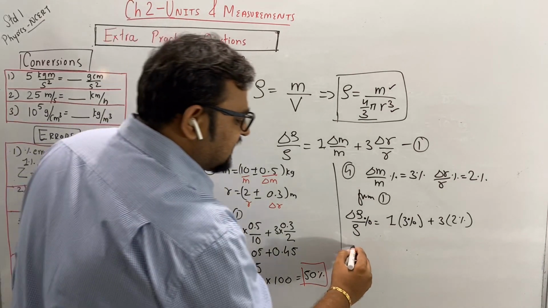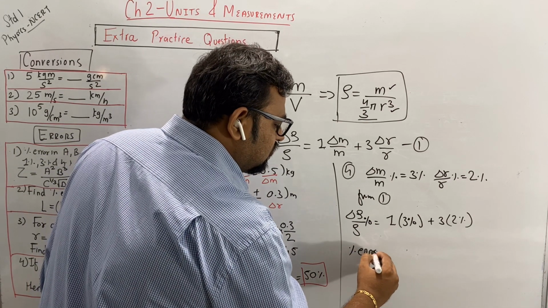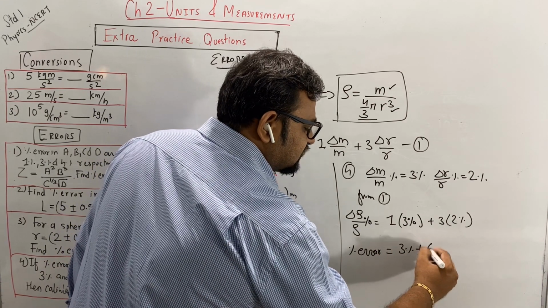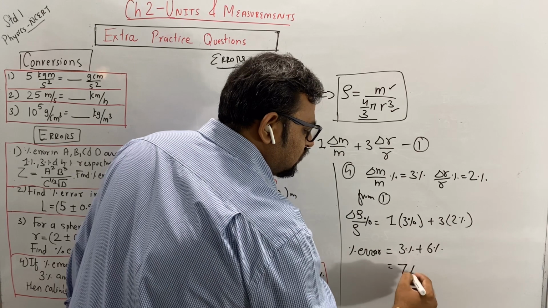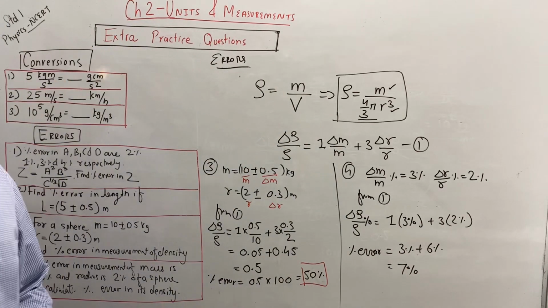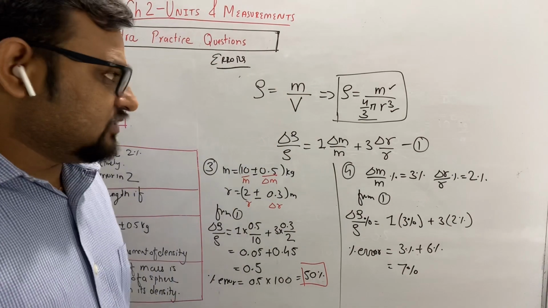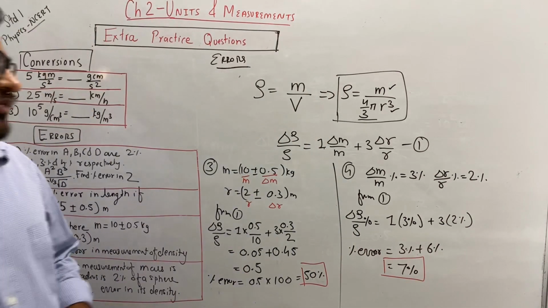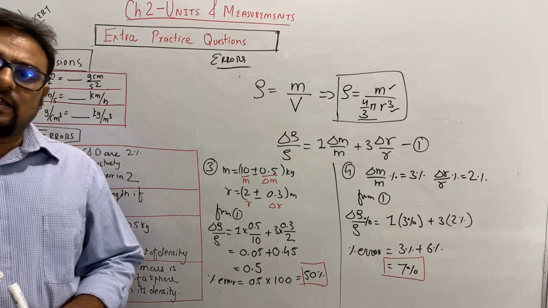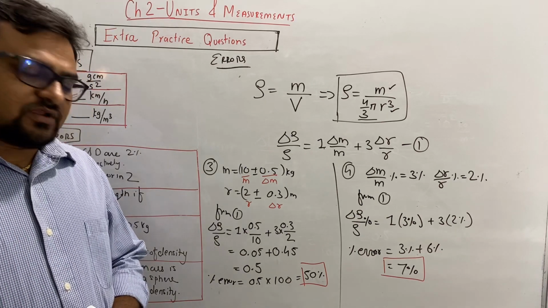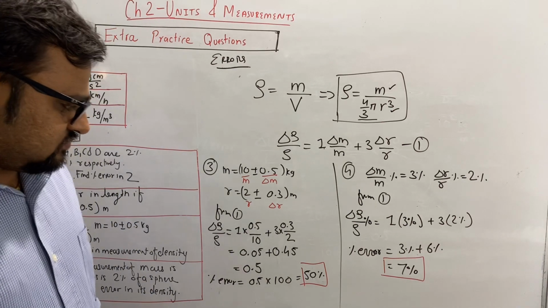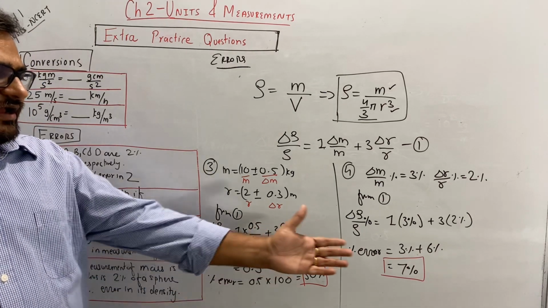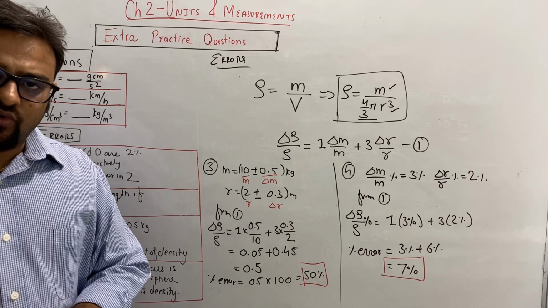So the percentage error will be equal to 3% plus 3 times 2, which is 6%, equal to 9%. Okay, so this is our answer. Clear? So just note down question number 3 and question number 4.